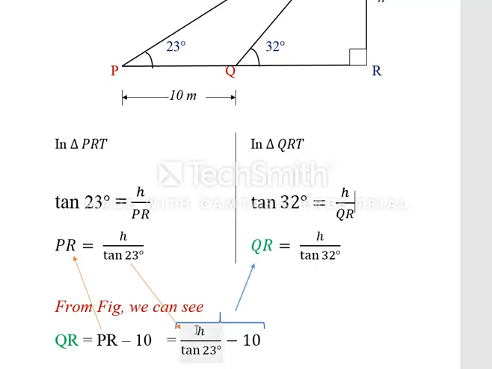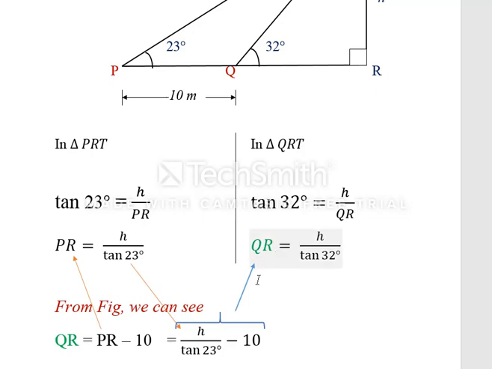So this will become this. Look here, it is h over tangent 23 and minus 10. This is a very important step. In this way we have found QR in this shape, and we have already found QR over here.